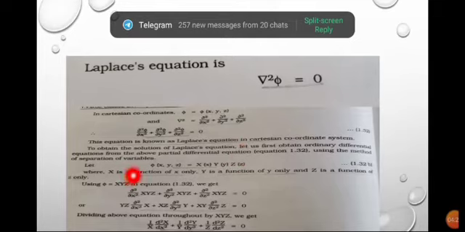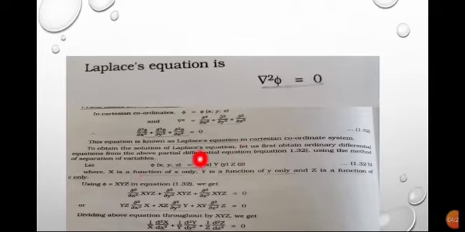We are going to put phi is equal to XYZ in this equation. So by putting the value, we have del square by del x square of XYZ plus del square by del y square of XYZ plus del square by del z square of XYZ is equal to 0.